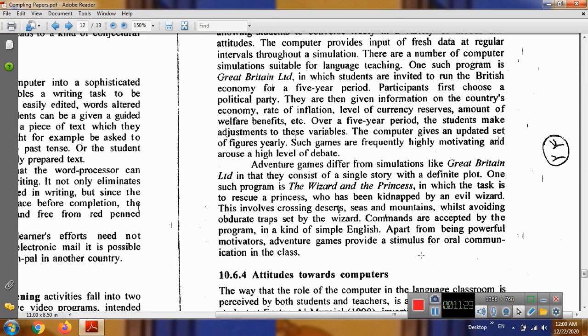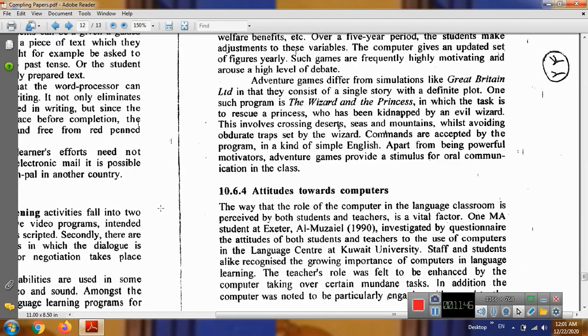This involves crossing deserts, seas and mountains whilst avoiding obdurate traps set by the wizard. Commands are accepted by the program in a kind of simple English. Apart from being powerful motivators, adventure games provide a stimulus for oral communication in the class.